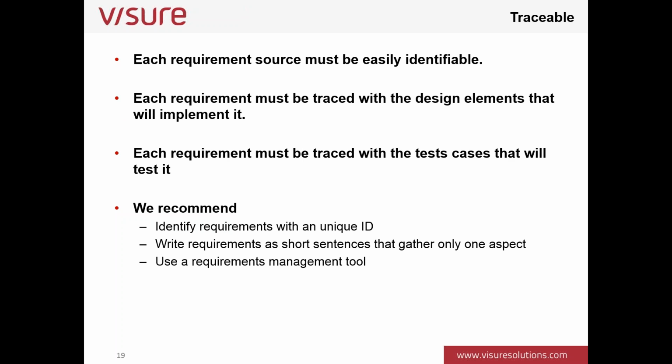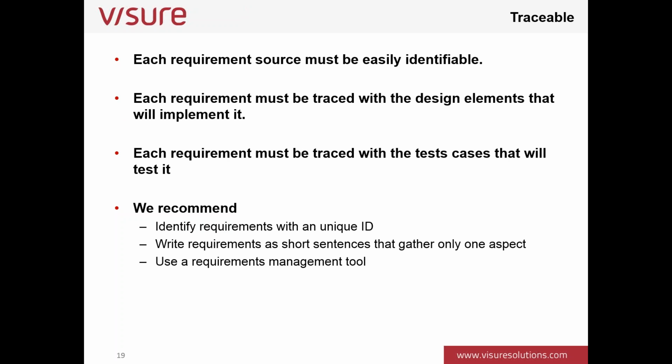And also the requirements must be traceable. Okay, what do we mean by traceable? Well, each requirement source must be easily identifiable. Okay, what's the source of the requirement? Well, if it's a high-level requirement, the source is going to be the stakeholder or the user or whatever is providing that requirement.